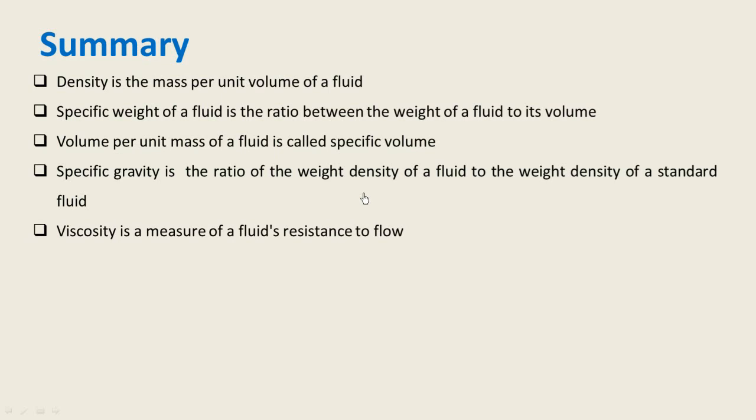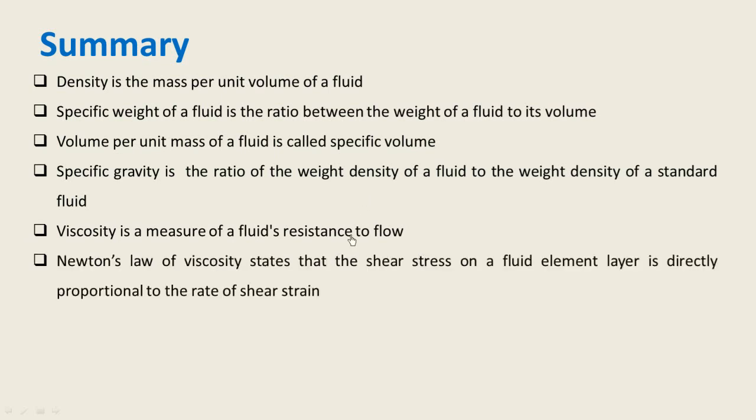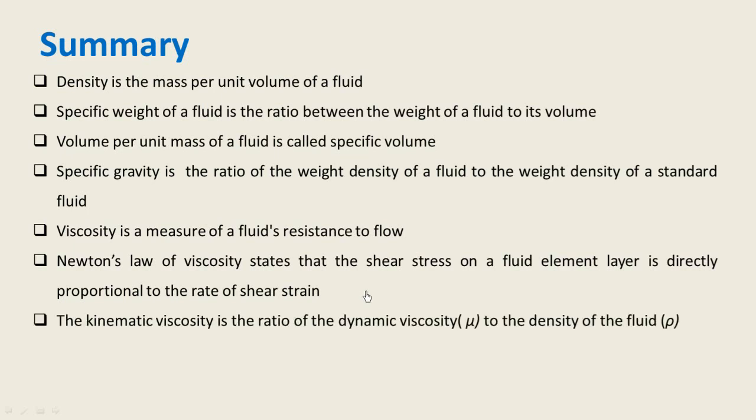Viscosity is the fluid's resistance. Newton's law of viscosity states that shear stress on the fluid element layer is directly proportional to the rate of shear strain. Also, kinematic viscosity is the ratio of the dynamic viscosity to the density of the fluid.